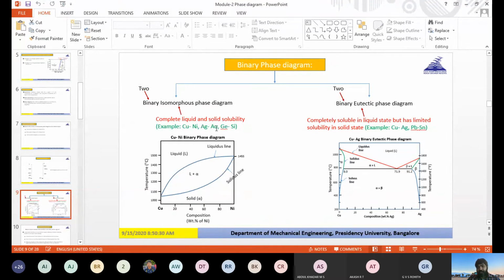Similar is the case for silver and gold. They are completely soluble in each other in both conditions, in the liquid condition as well as in the solid condition.